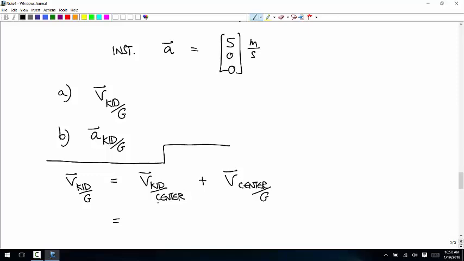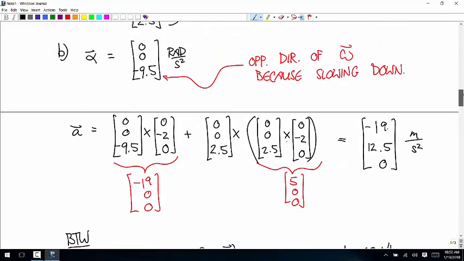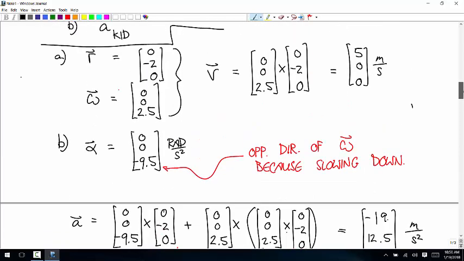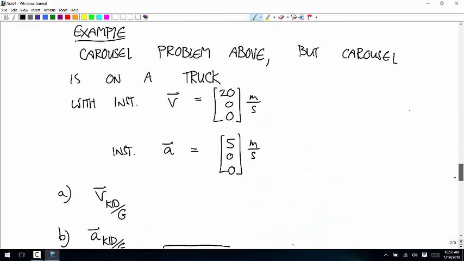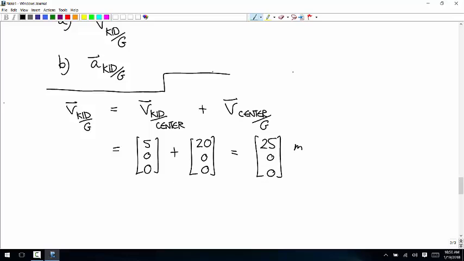And the velocity of the kid relative to the center of the carousel is what we got from the circular motion, 5, 0. The center of the carousel moves with the truck, so the velocity of the center is 20, 0. And so the kid at that instant is going 25, 0 meters per second.